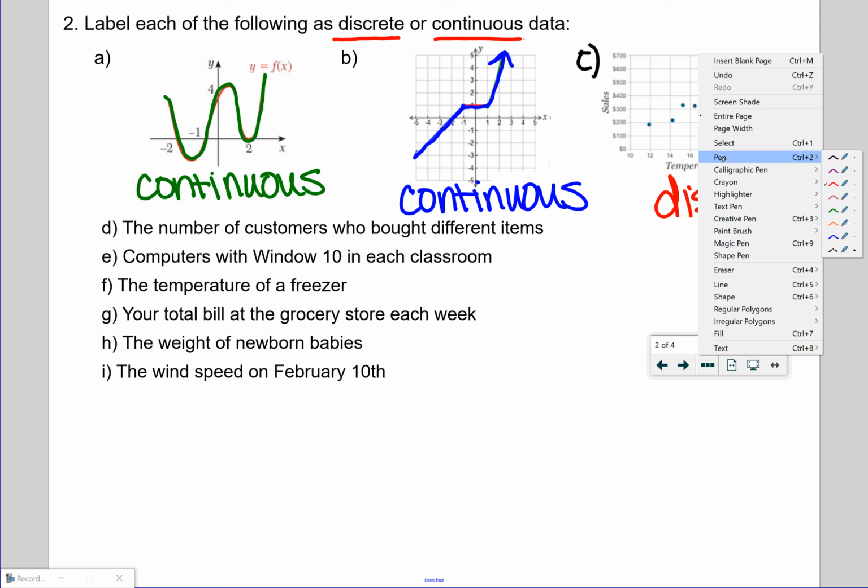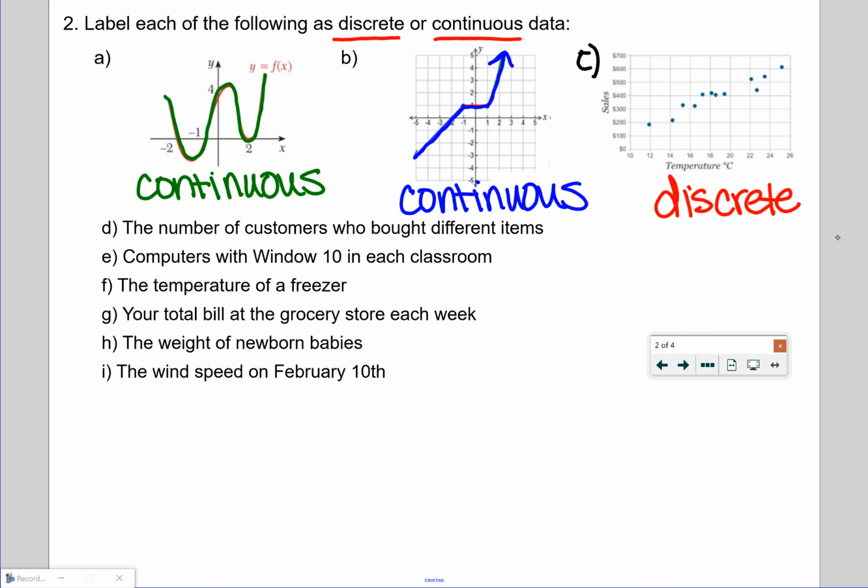Now let's talk about the described sets of information. Another way to think about discrete data is it's something that you can count, and again, it has gaps. For example, if I asked you the age of children, your answer would be 1 or 2 or 3 or 4 or 5.